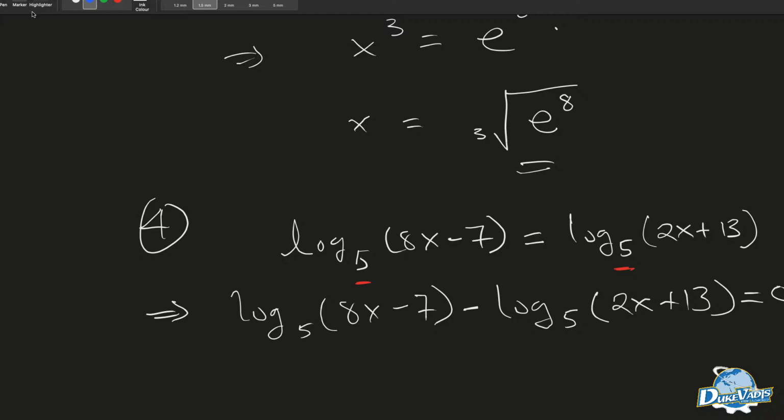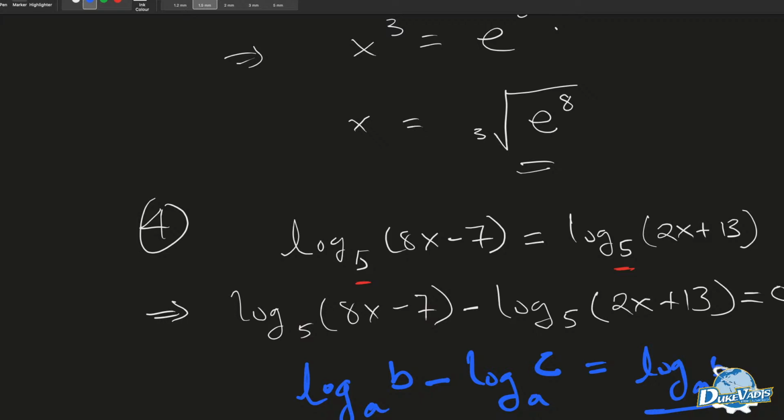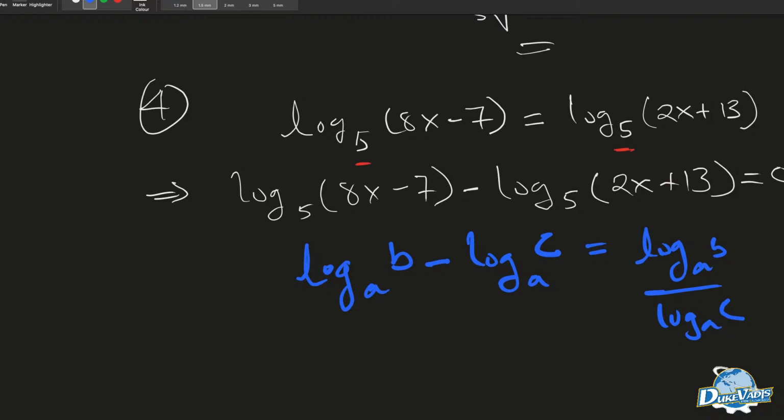Remember that if we have log a to b minus log a to, let's say, c, we can say that it's log a to b divided by log a to c. Have you seen that? So if we apply what we've written over here, then our equation is going to be so easy for us since they are subtracting.